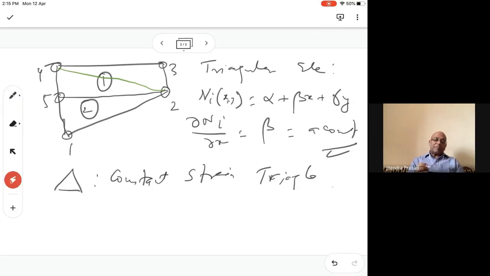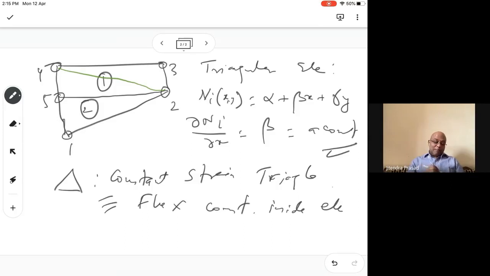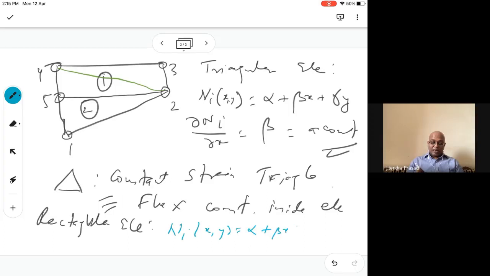And in heat transfer, that really means the flux remains constant inside the element. But you can see that in the case of this rectangular element, it's not constant. It can vary, because in a rectangular element the shape function is like this: Ni(x,y) equals alpha plus beta x plus gamma y plus delta xy.